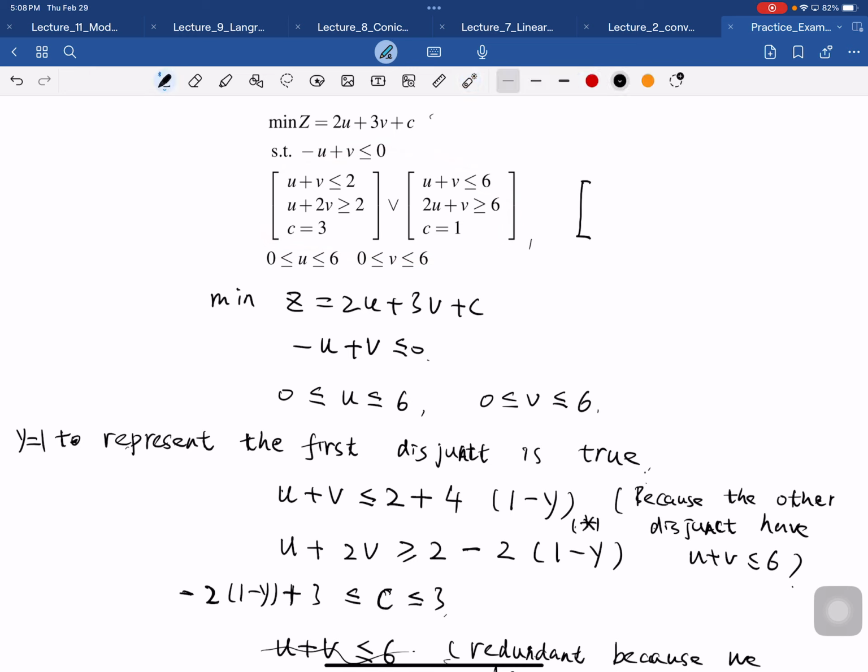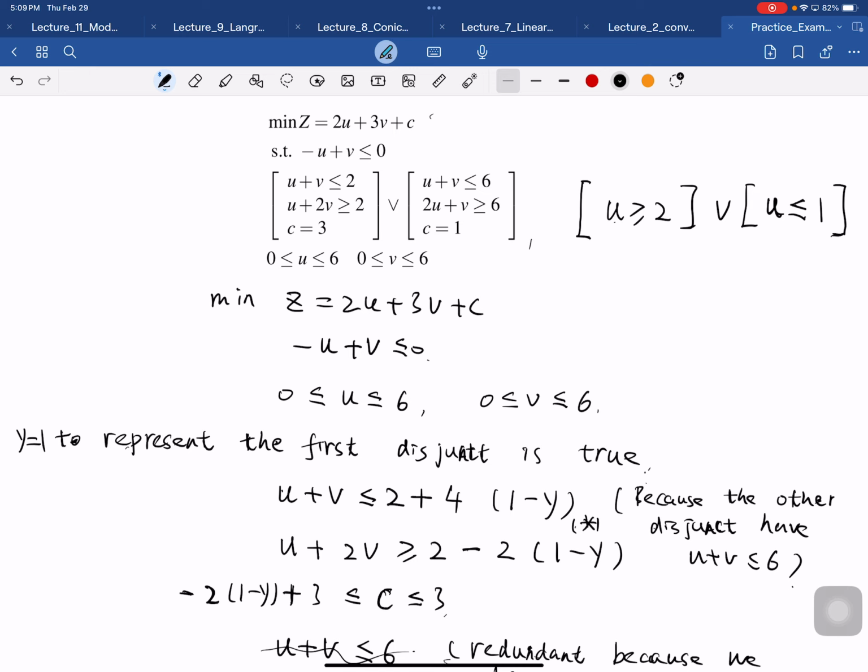Let's say in one disjunct, u is greater than or equal to 2, and the other one is, let's make up a number, u less than or equal to 1. In practice, you may have a problem with multiple disjunctions, right?